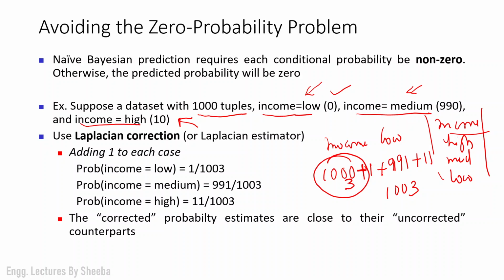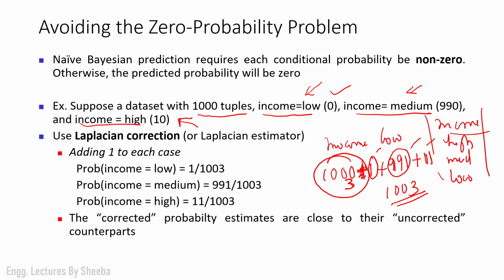From where did this 3 come? The 3 came from 1 for low, 991 because one row we added for medium also, so 990 became 991, and for high also we added one extra row, so instead of 10 now you have 11. One extra here, one extra here, one extra here, so 1000 plus 3. So total tuples now you have 1003.